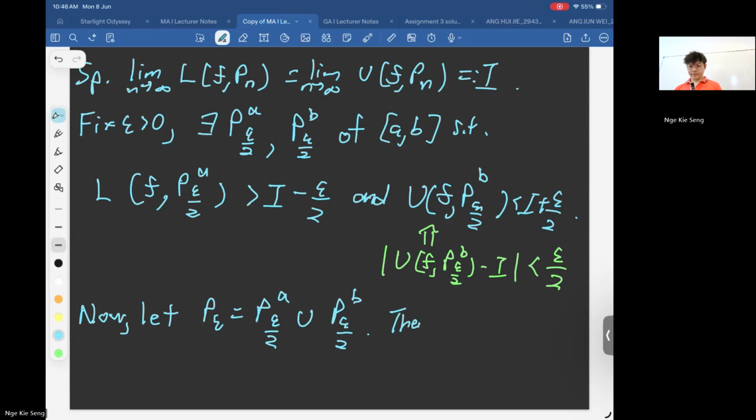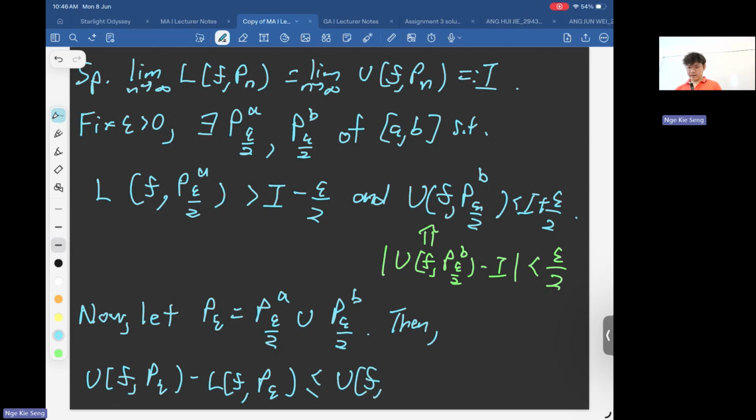Then UF P epsilon minus LF P epsilon should be less than or equal to UF P_AB of epsilon over 2 minus LF P_AB of epsilon over 2.